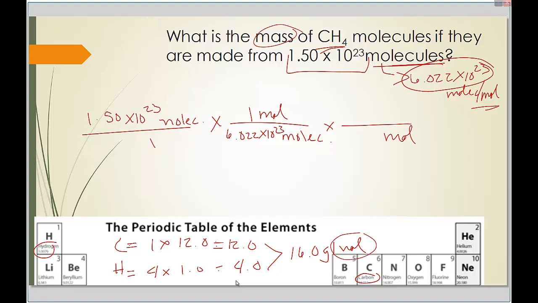So 1 mole is 16.0 grams. The moles cancel. The molecules cancel. So it's 1.50 times 10 to the 23rd divided by 6.022 times 10 to the 23rd times 16. That comes out to be 3.98 grams of CH4.